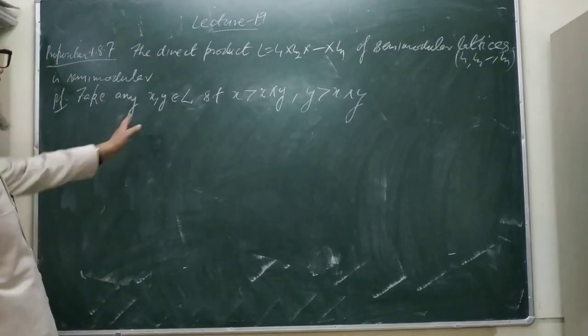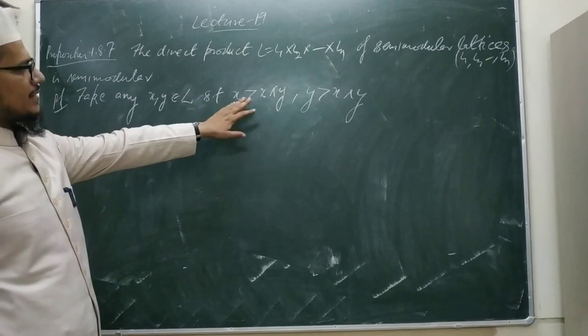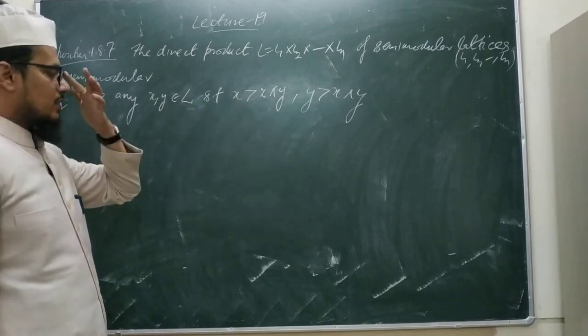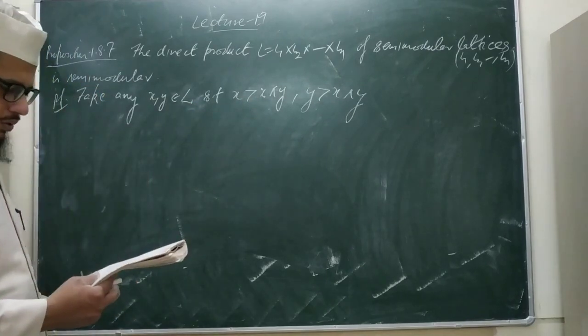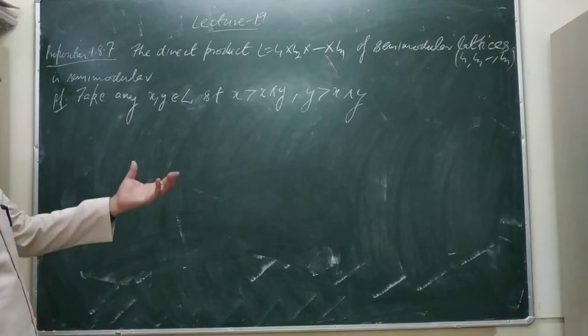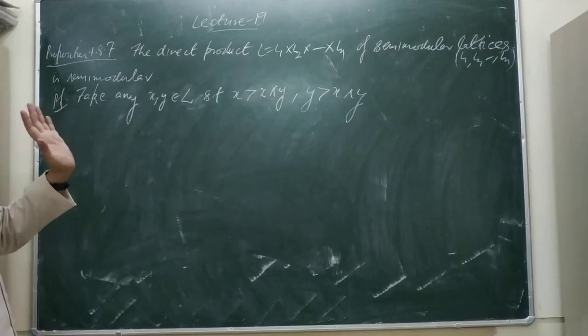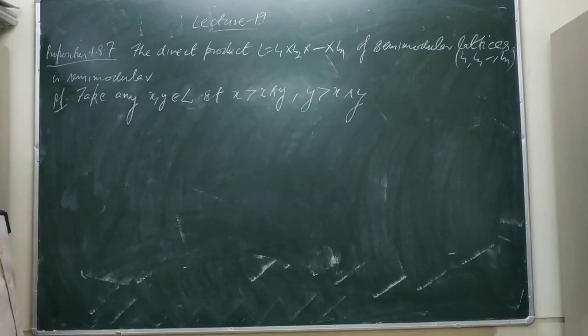So what is our claim? Our claim is that x join y covers x as well as y. This we have to prove, correct?